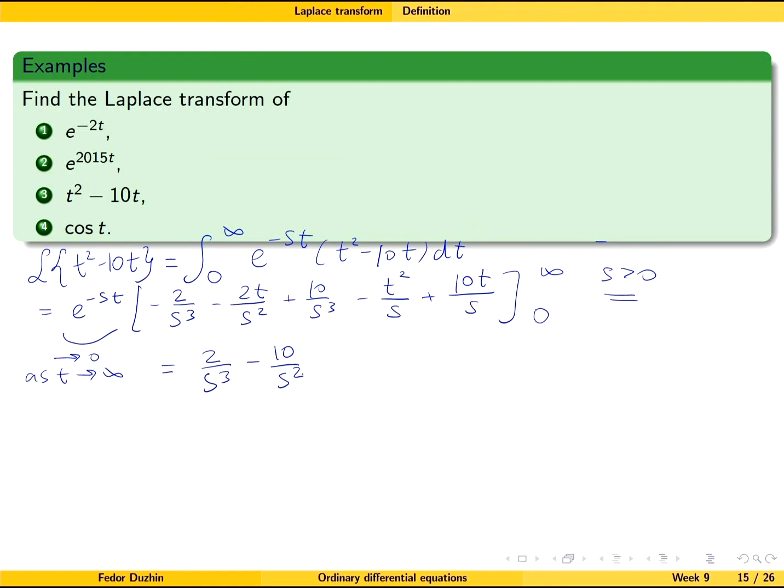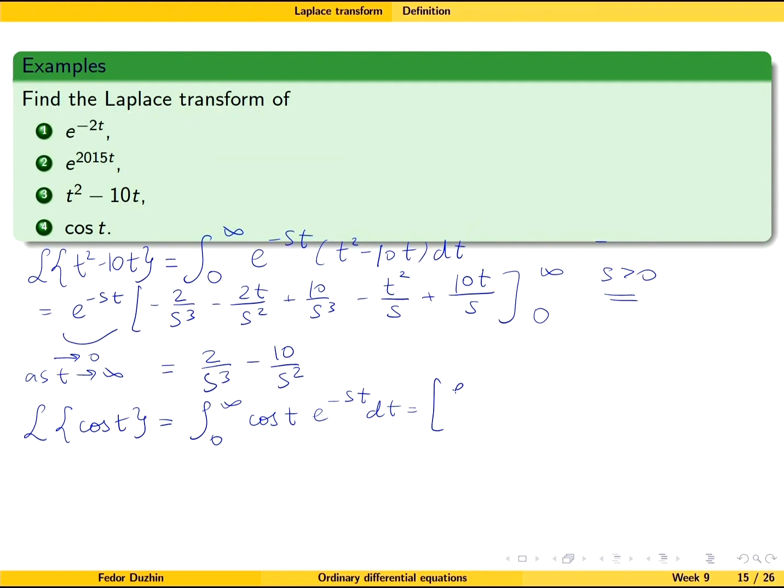Okay, and the last example is the Laplace transform of cosine t. So this is the integral from 0 to infinity of cosine t times e to the minus st dt. And again, I'm going to use Wolfram Alpha to find the antiderivative.